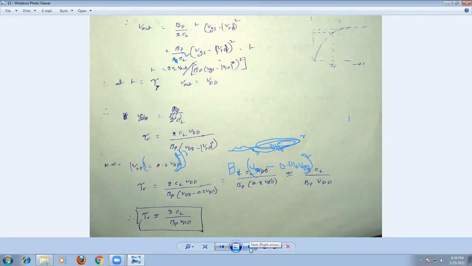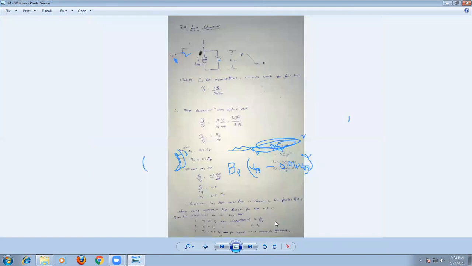Similarly, we can find out the fall time estimation. Now let's go to fall time estimation.